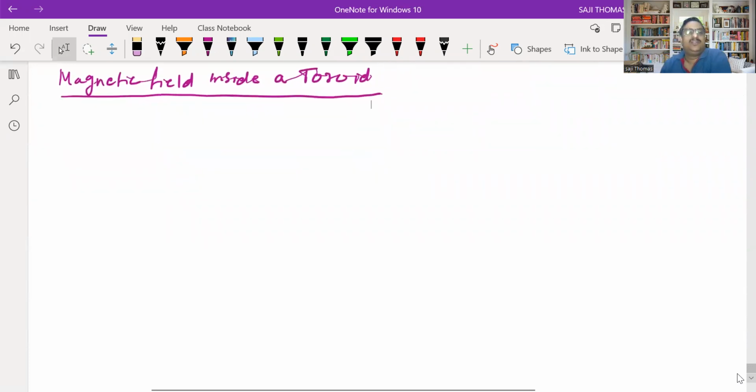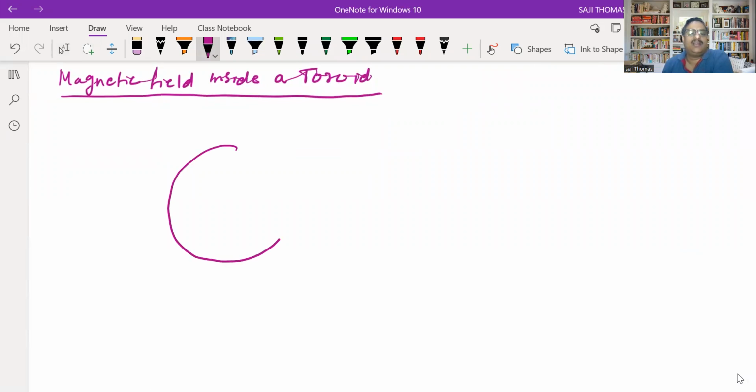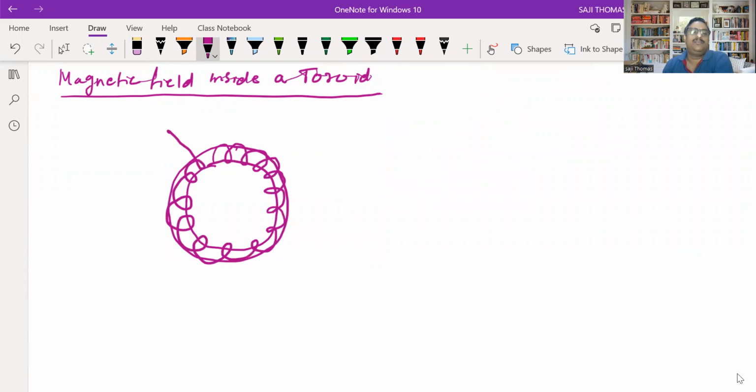Now we will find out the magnetic field inside a toroid by applying Ampere's circuital law. So you take a non-metallic ring. Take a wire and wind the number of turns over it like this. Or it can be considered as a solenoid bent into the form of a circular loop.